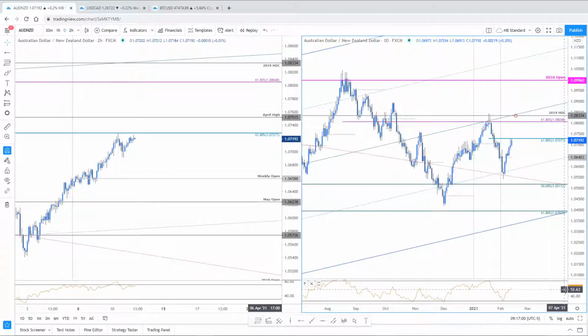All right, Sterling Kiwi. So we did Swissie, Aussie Kiwi, Sterling Kiwi, and Aussie CAD. Sterling Kiwi looks like this.